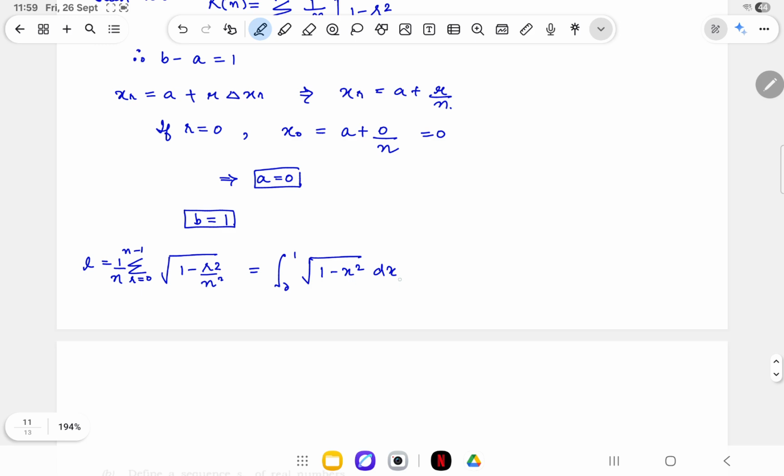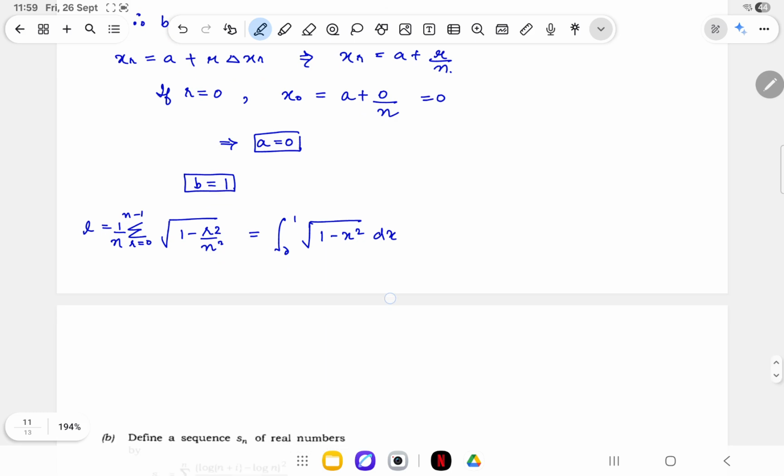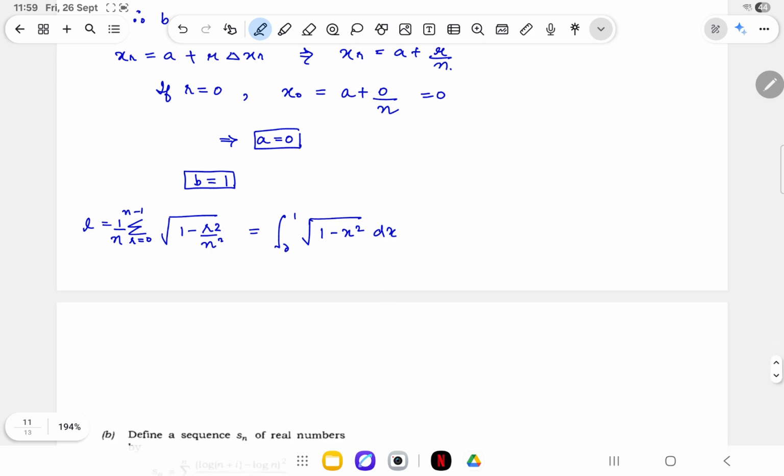And we know that this thing is integrable, and we can integrate it using basically the integration by parts. So that will be x into under root 1 minus x square by 2 plus sine inverse x by 2, and its limit varying from 0 to 1.